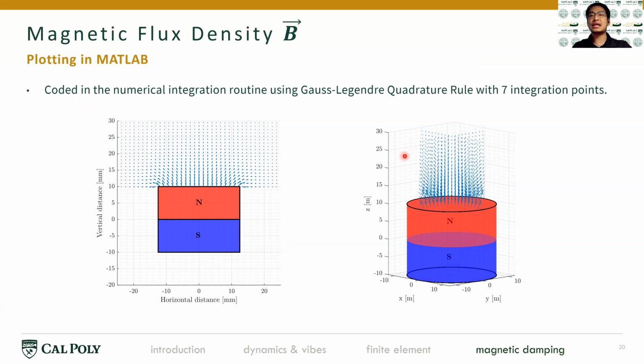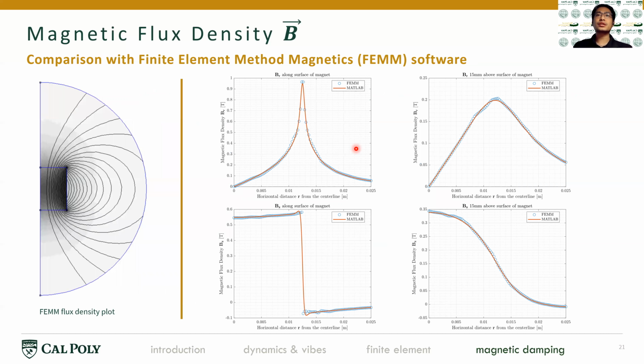So the question is, how do we know that the coding routine that we did is correct? It turns out I have to use another software called the Finite Element Method Magnetics, FEMM software. The picture on the left here shows the little magnets in a confined region to get the flux density plot.